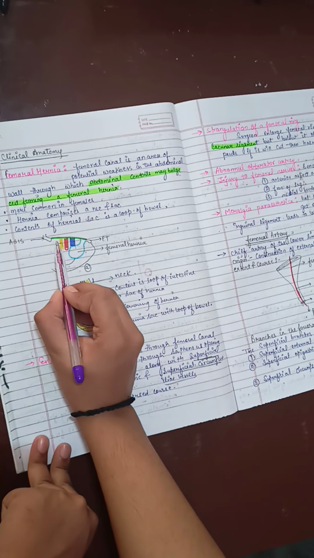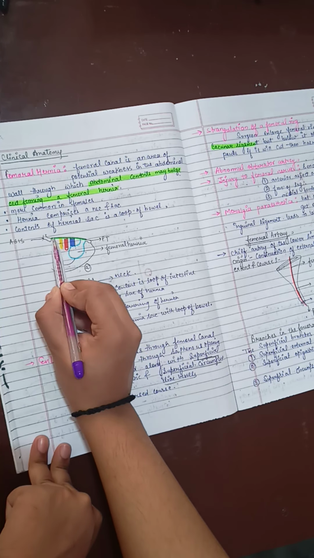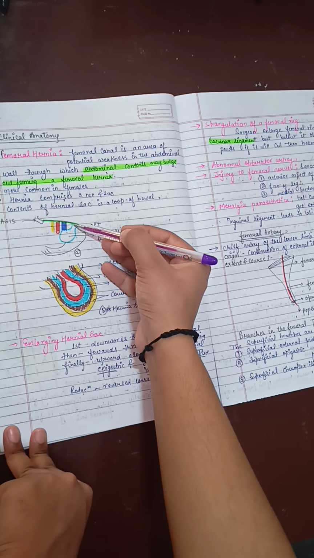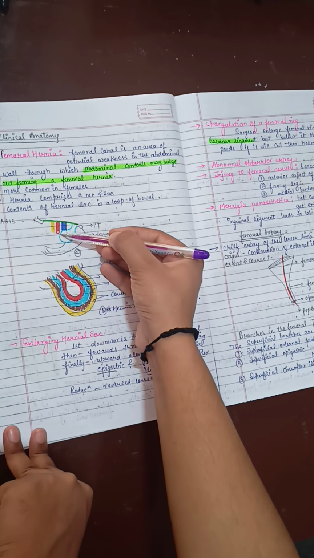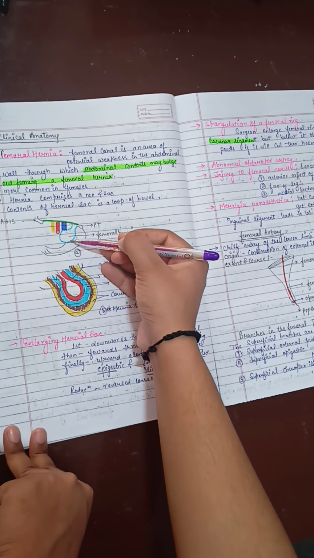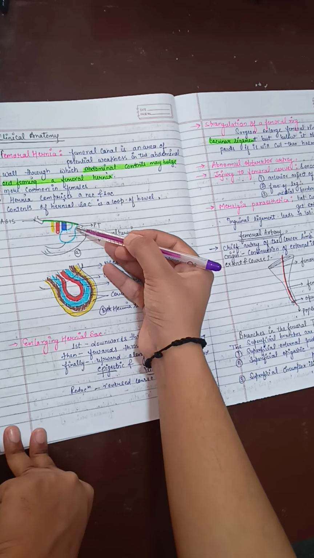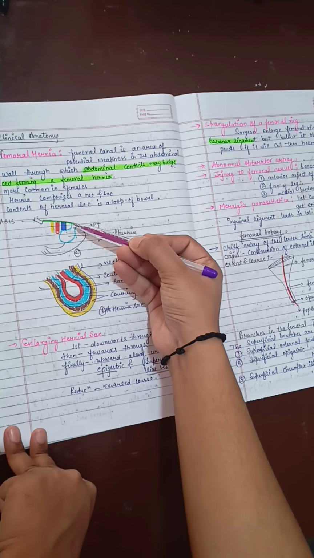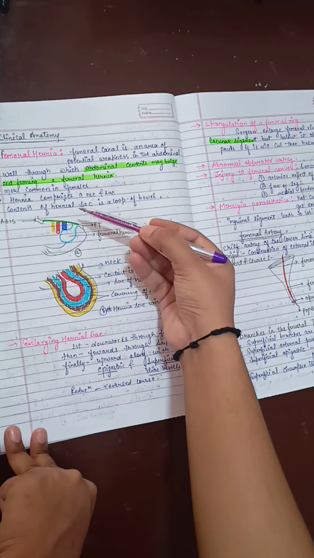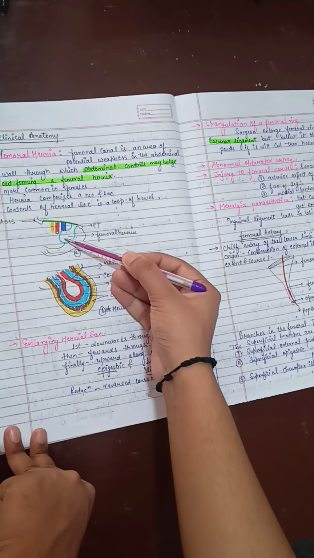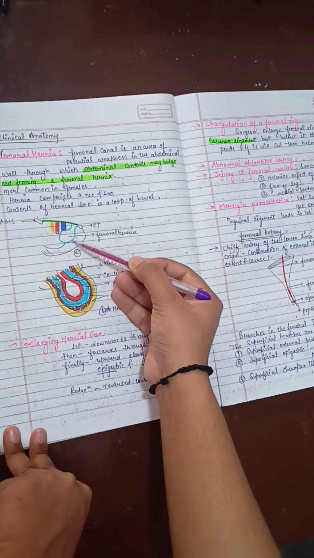Means this is the inguinal ligament, below which the femoral canal is a potentially weak area, and the abdominal contents come out from it, and this we call femoral hernia.